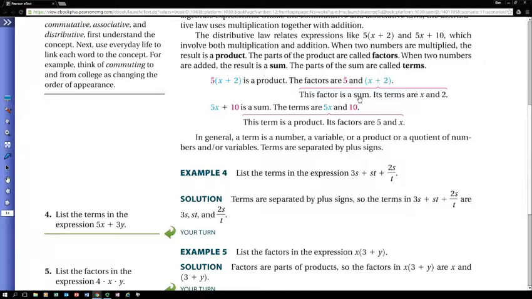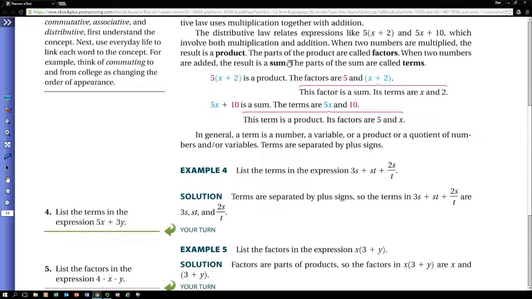Now the factor is a sum. In other words, this one factor here, this grouping, is really a sum or an addition of the terms x and 2. So there are a lot of words thrown at this, though they're very important words that we'll keep reusing throughout any math courses that you do.